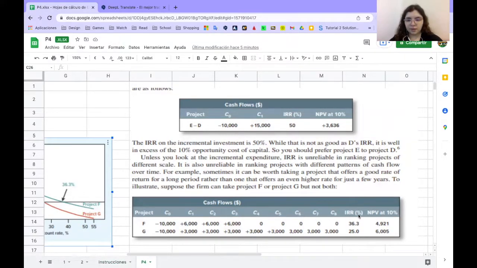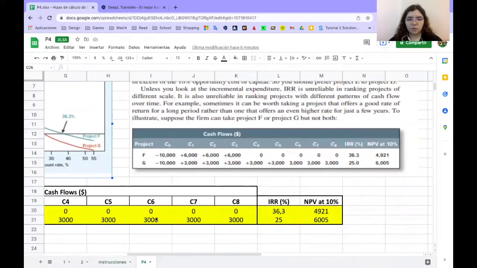And well, also it gives us the internal rate of return of 36% in Project F, and the net present value at 10% is 4,921. And in Project G, we have the internal rate of return of 25% and the net present value at 10%, that is 6,005. And well, with this table, we have enough information to make the graphic.